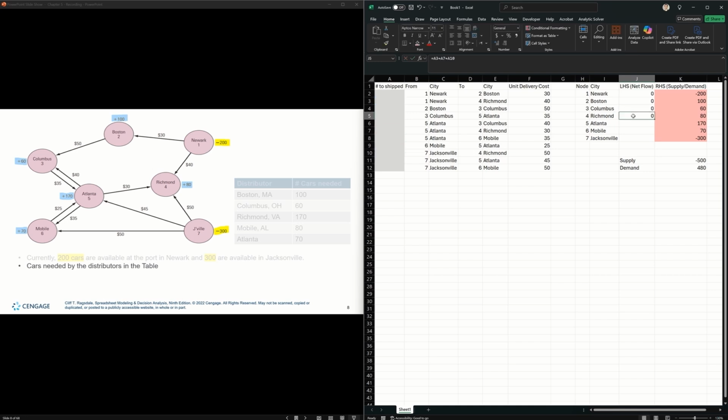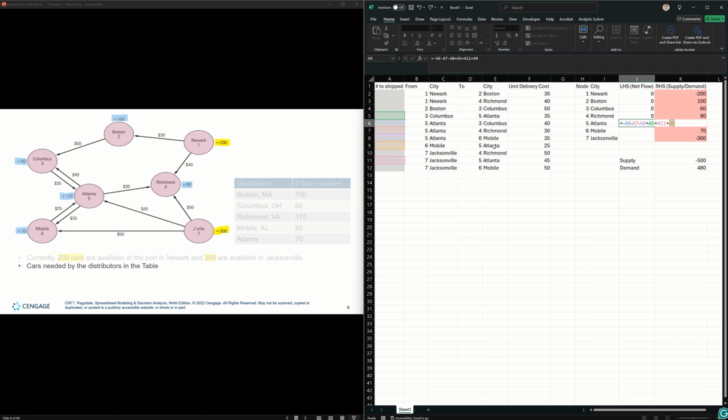And then when it comes to Atlanta, again, Atlanta is the most complex one. We have about 1, 2, 3, 4, 5, 6. So we have 6 arcs that interact with Atlanta. We have 3 pluses and 3 minuses, basically. So anything that leaves Atlanta is minus. So minus, minus, minus. Anything that goes to Atlanta is plus, plus, plus. Okay.